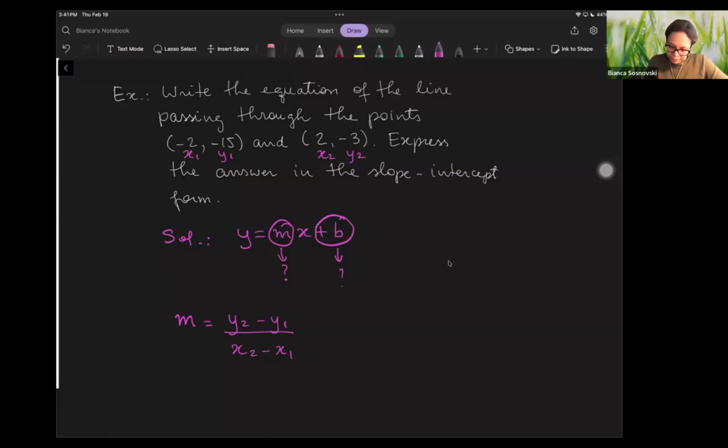So those are the way I'm going to use these values in the formula. So if I plug these into my formula, I take -3 minus -15, and I divide that by 2 minus -2.